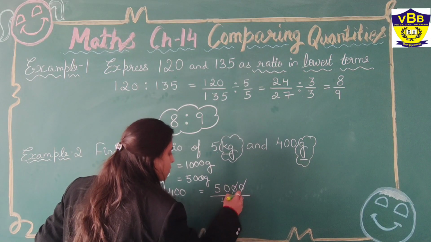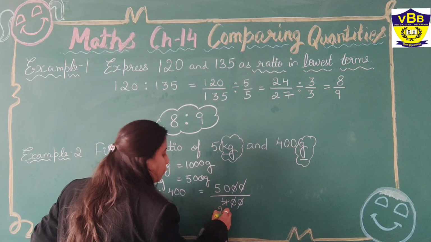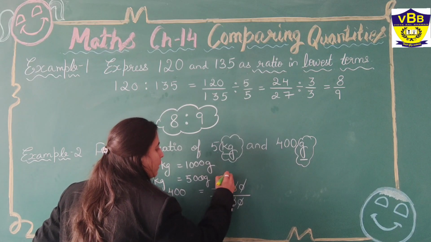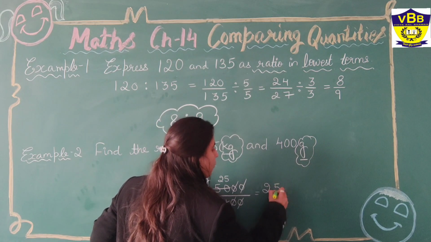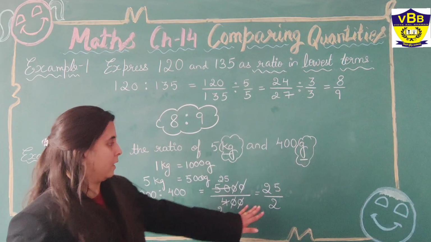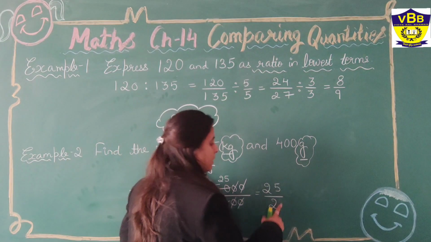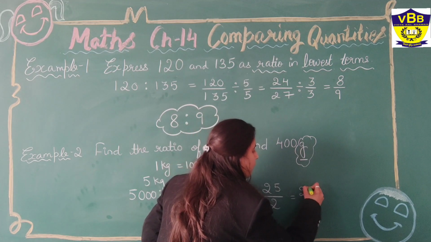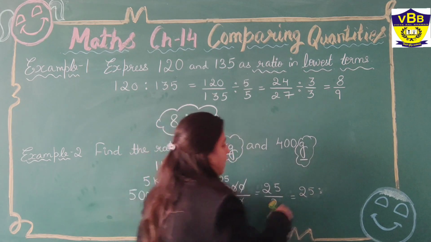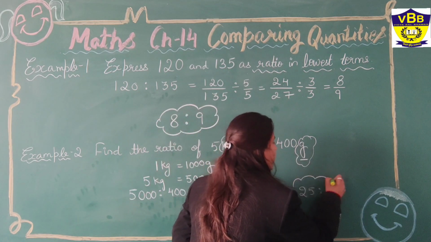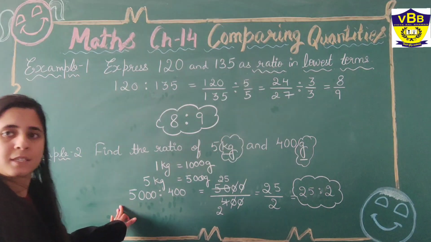Now we can cut the zeros: 50 and 4. So the answer becomes 25 is to 2. I hope this is clear to you.